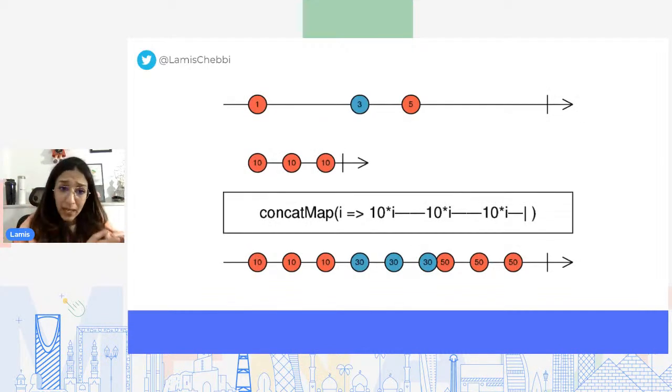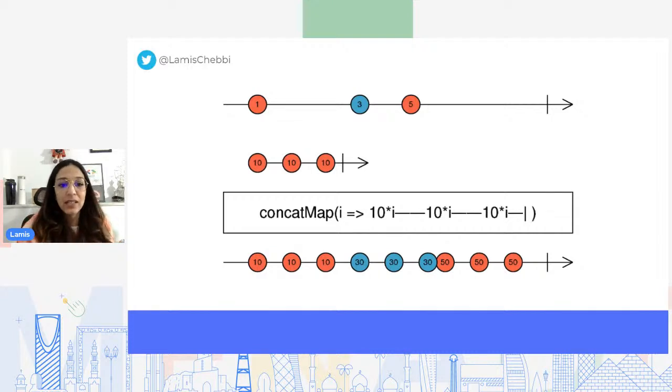If you combine it with the map, concat map is about combining the concat strategy with the map, which is about transformation. We call it higher order mapping because it deals with observables.